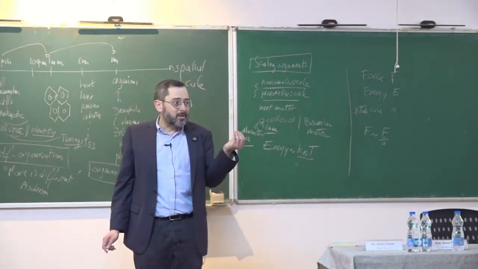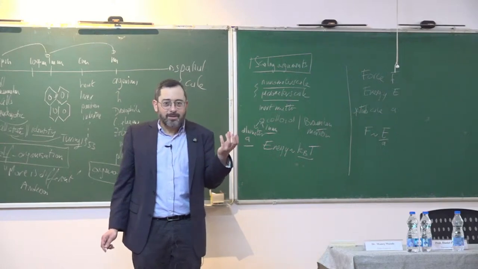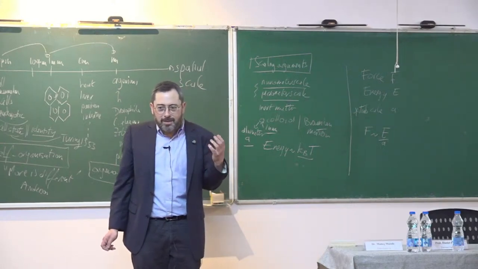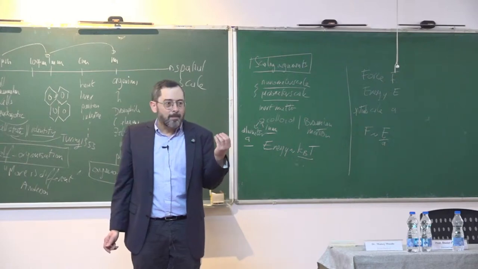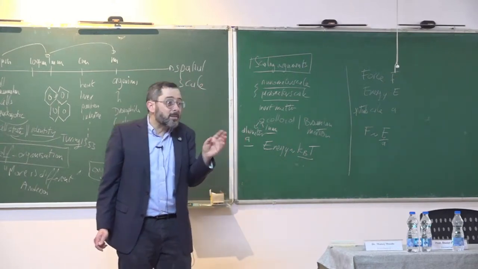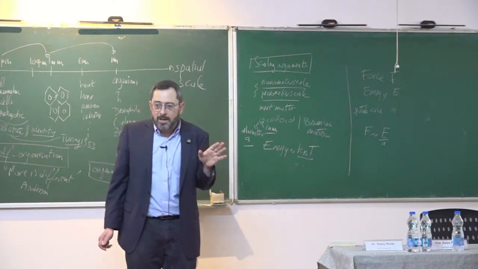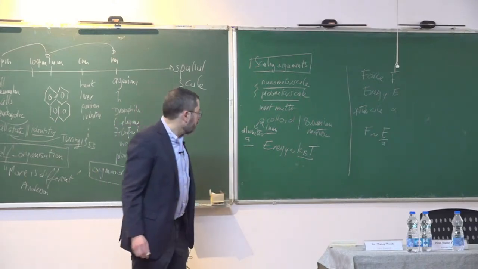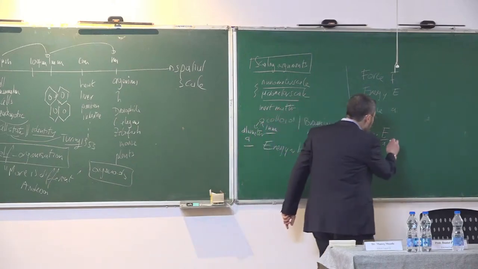It's not super easy to think about, but basically KT is the energy of any object of that size. And I'm ignoring the molecular detail. I just want to care about the size. So F is of the order of KT over A.